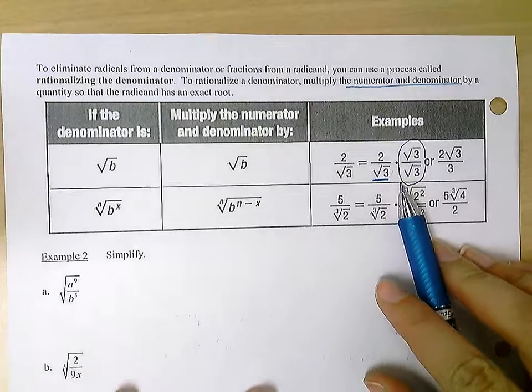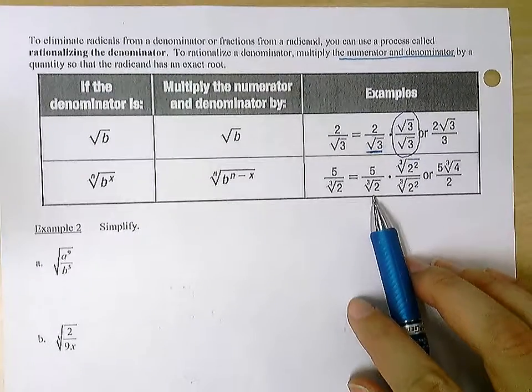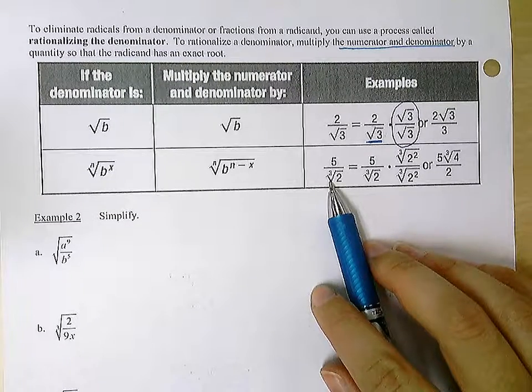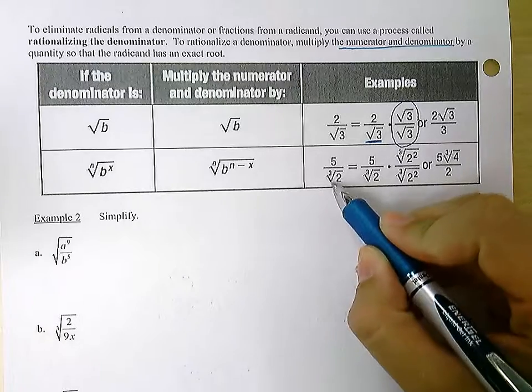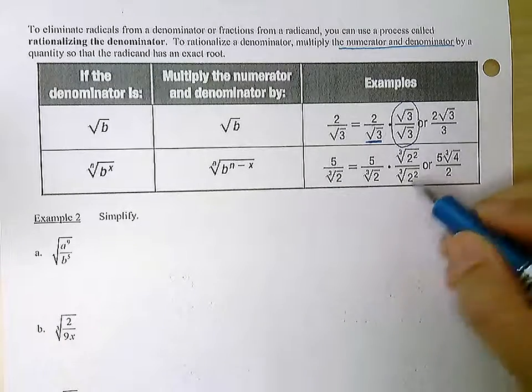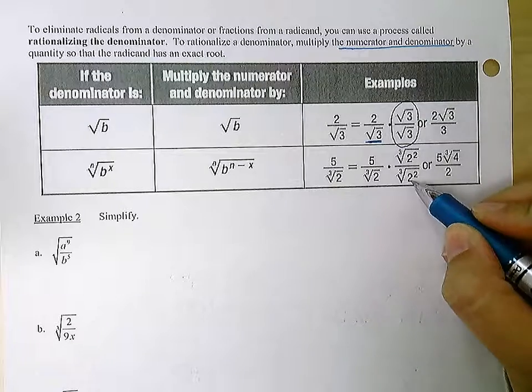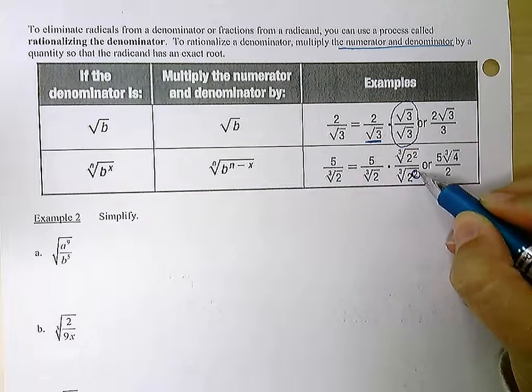Now that's with a square root. If you have an nth root, in this case, this example is a cube root. Okay, I have the cube root of 2. So I would want to multiply not just by the cube root of 2, but the cube root of 2 squared.